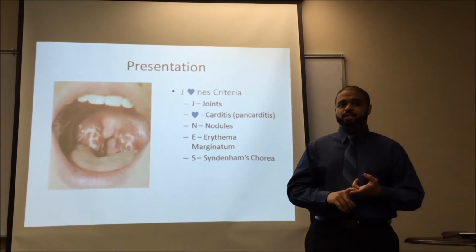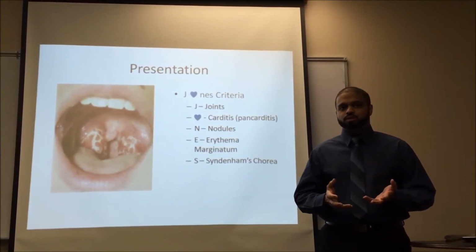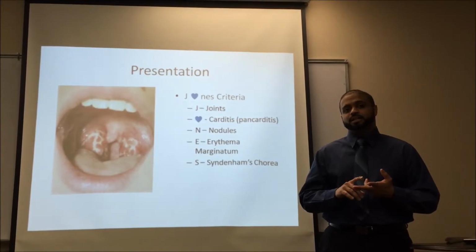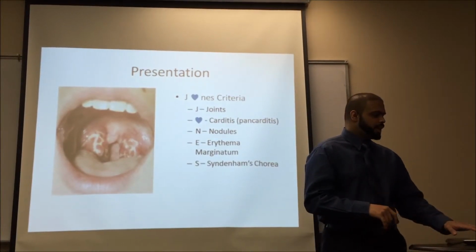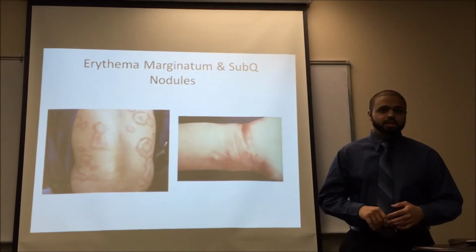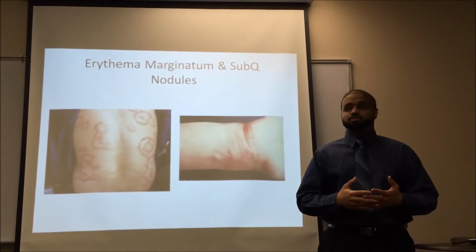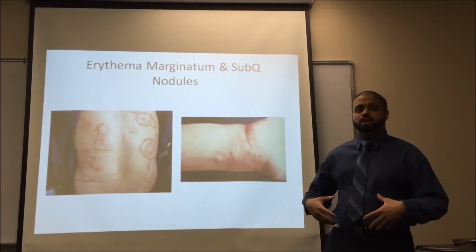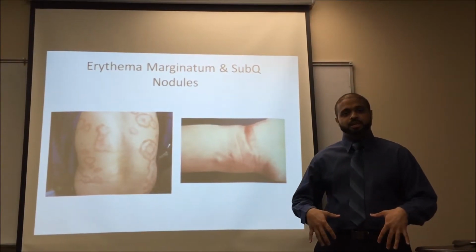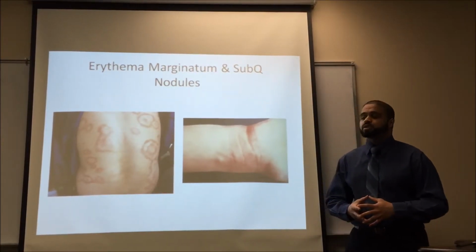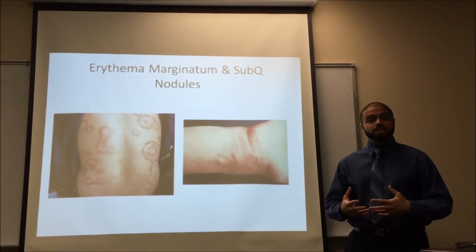Now, when the skin is involved, we get subcutaneous nodules, and we get erythema marginatum. So we have some pictures here. So what is erythema marginatum? It is a painless rash that appears on the trunk and the inner aspects of the arms and legs. And then subcutaneous nodules are usually a sign of more severe disease.